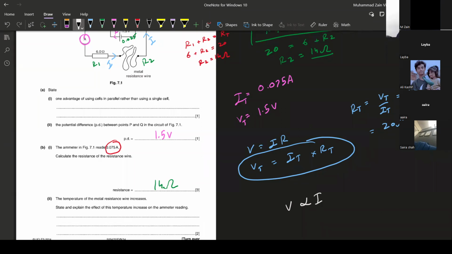So my resistance increased all of a sudden, so the total resistance of the circuit would increase, and the current would decrease because current is inversely proportional to the resistance. The greater the resistance, the lesser the current. So my resistance increased, and due to that my current decreased. Current decreases would be the answer.